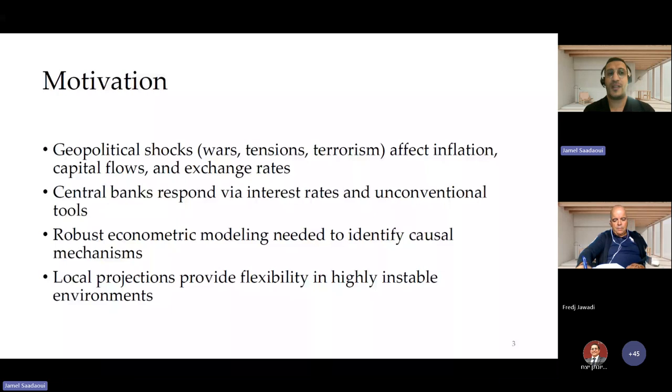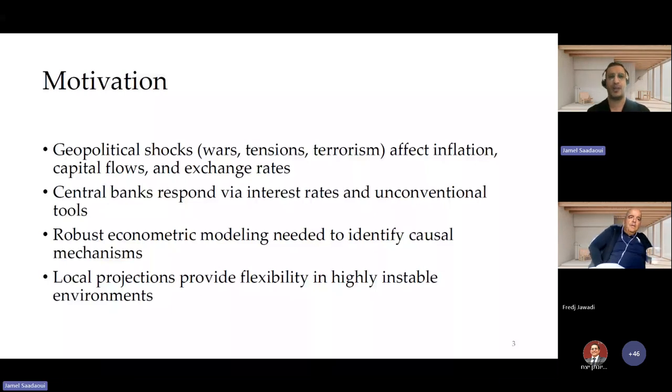But the impact of geopolitical risk shocks or geopolitical relationships has always been there in the global economy. Somehow we face a kind of non-linear modeling of the world economy where, when we switch into a state of high tensions, this causal mechanism seems to be more obvious to capture.